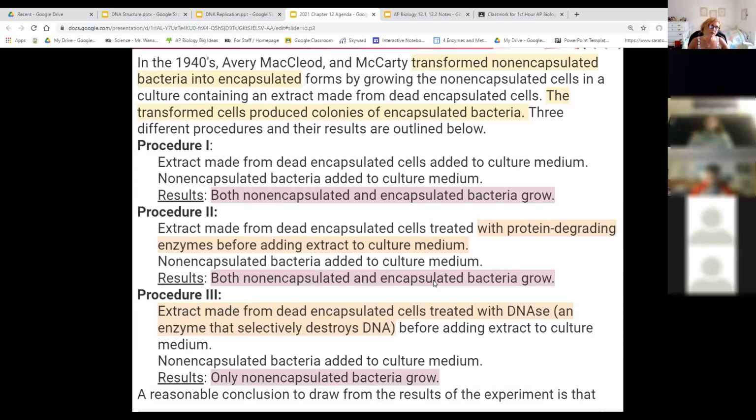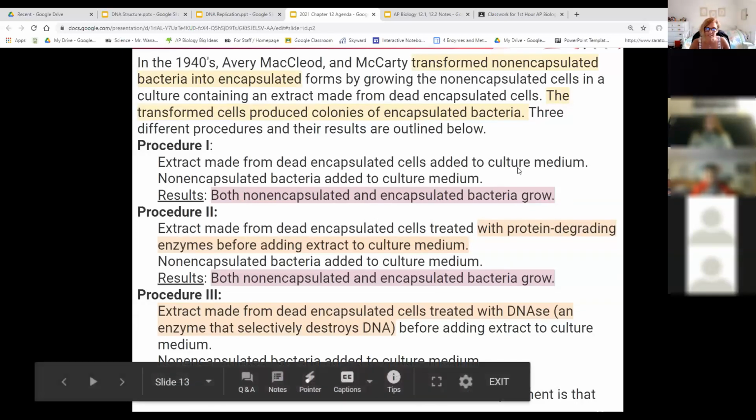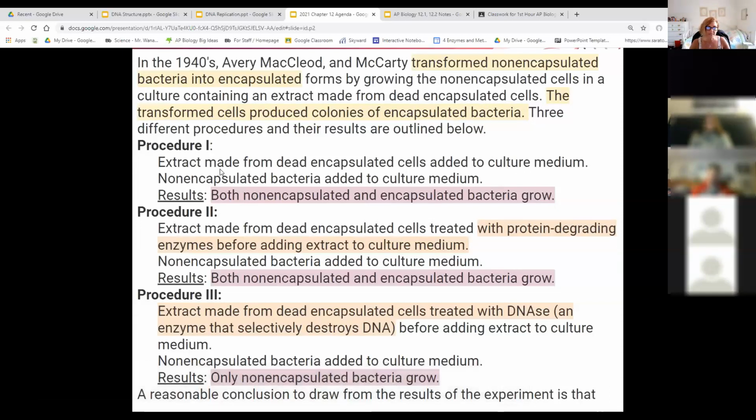So he used 3 different experiments. In the first, this is basically set up just like the original, right? Dead encapsulated with the non-encapsulated, and both in the jar, he got non-encapsulated. It would be on a petri dish, non-encapsulated and encapsulated. So there seems to be some of each, right?